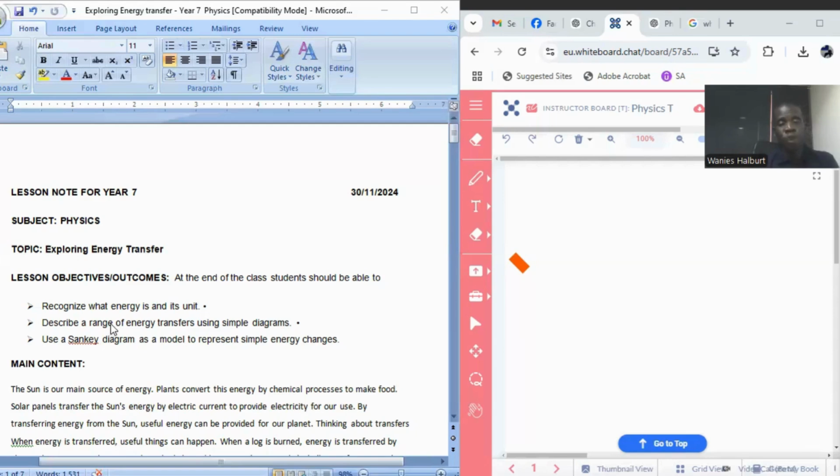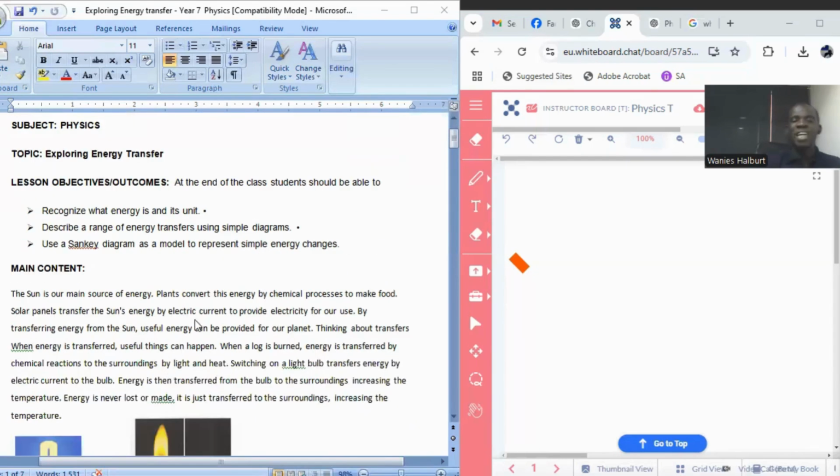So you should be able to recognize what energy is and its unit. Then you should also be able to describe a range of energy transfers using simple diagrams to see how energy is transferred. Then number three, use a Sankey diagram as a model to represent simple energy changes. All of this we're going to delve into right away.